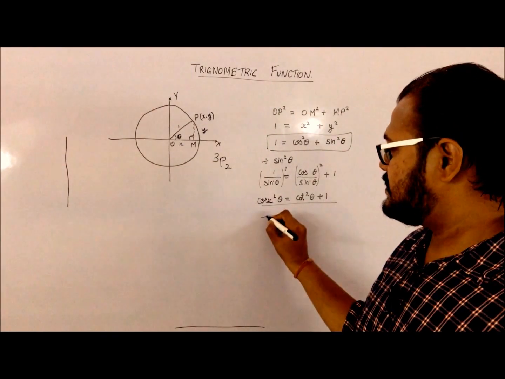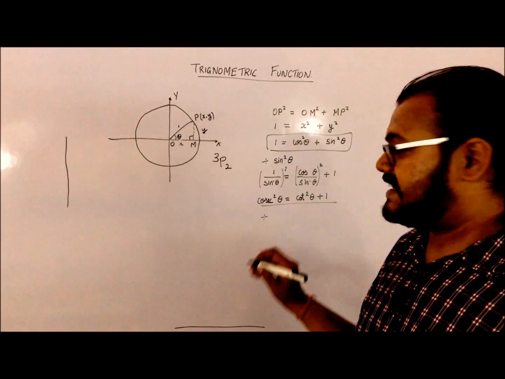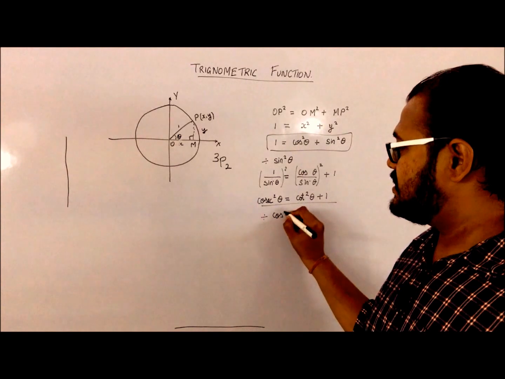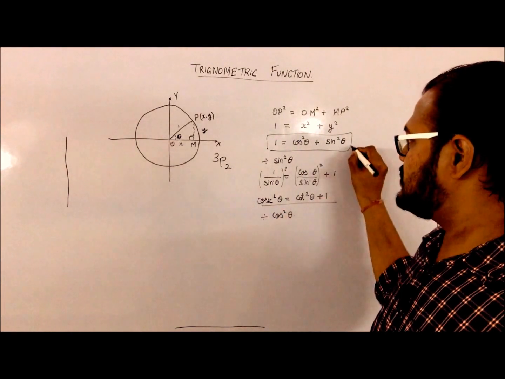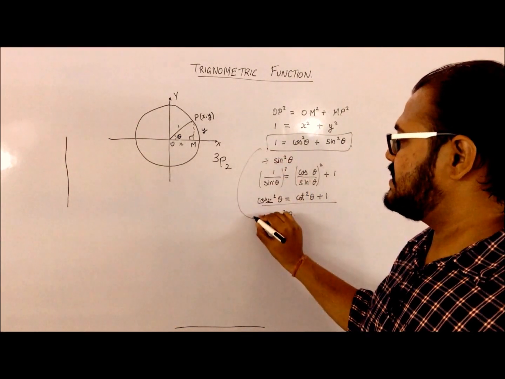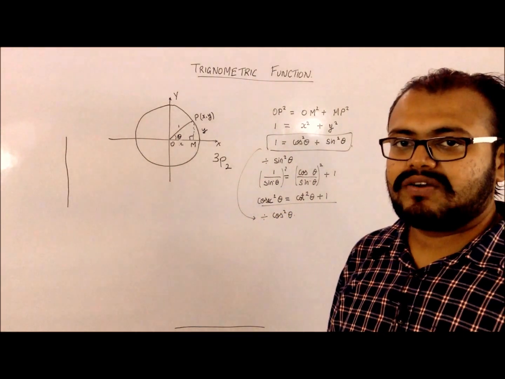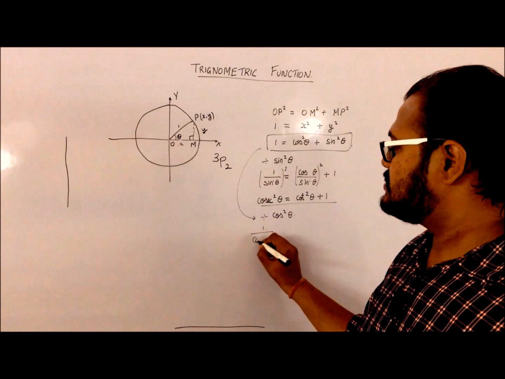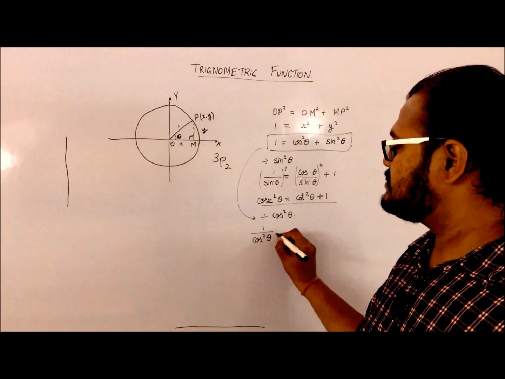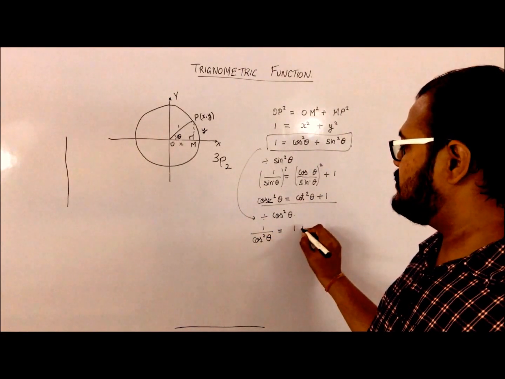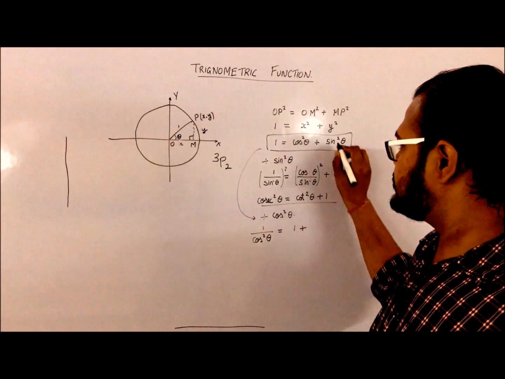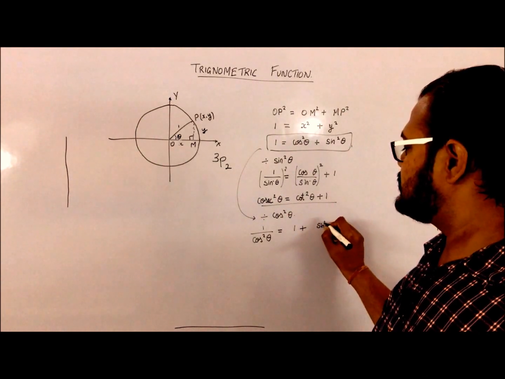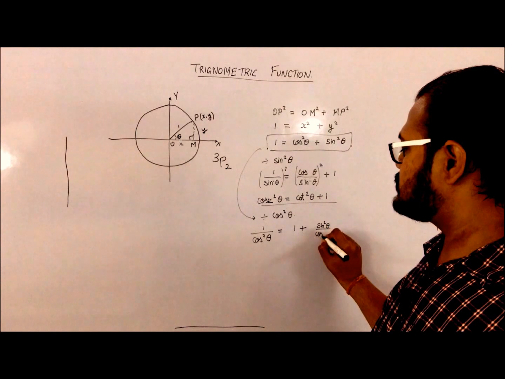The third identity, I can get using division by cos square theta. So I am dividing this equation by cos square theta. That leads to 1 by cos square theta is equal to 1 plus sine square theta divided by cos square theta.